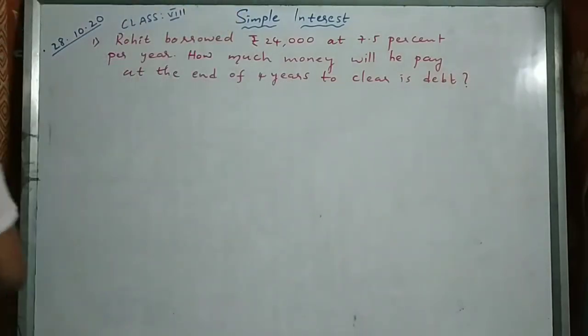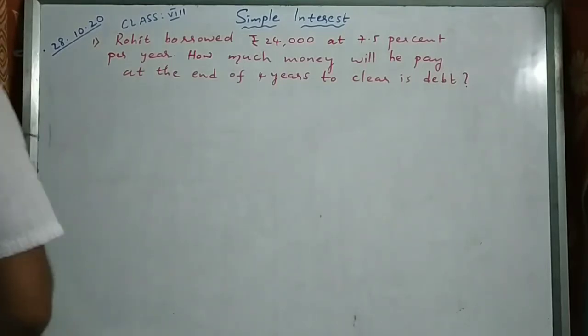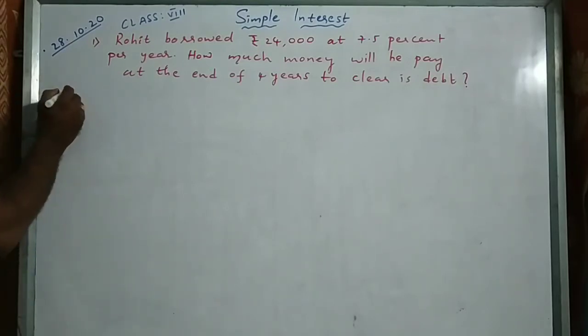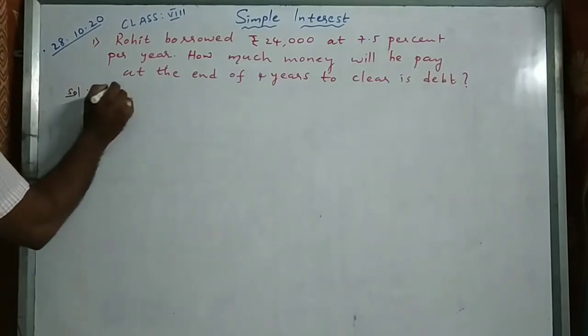Be silent there. So, what is the total amount he has to pay at the end of 4 years? So, time is given here. So, what is given?